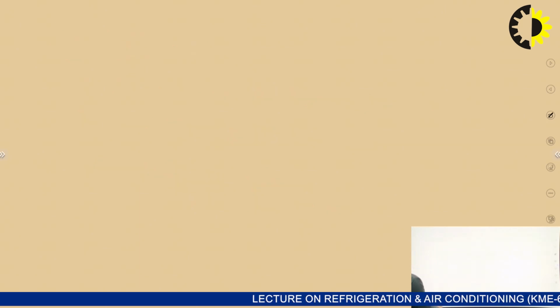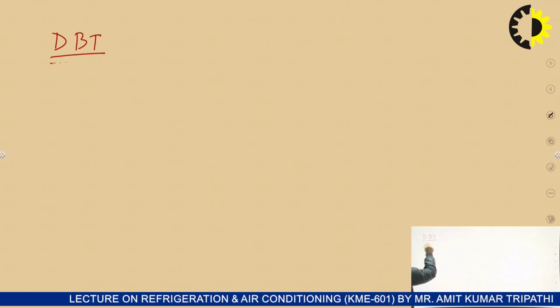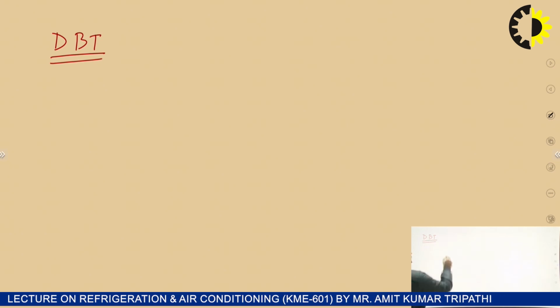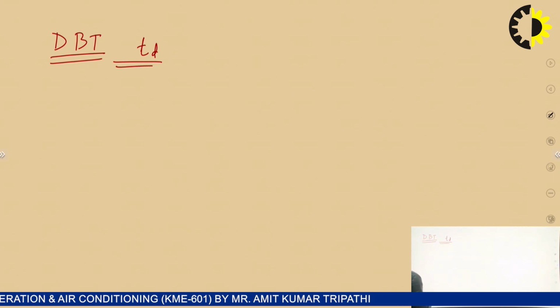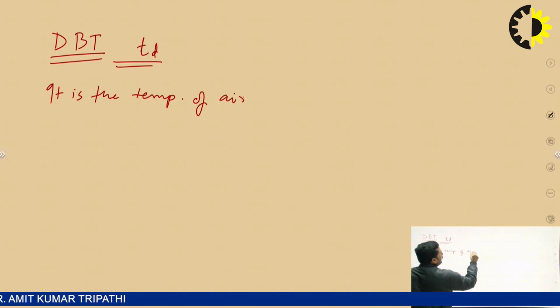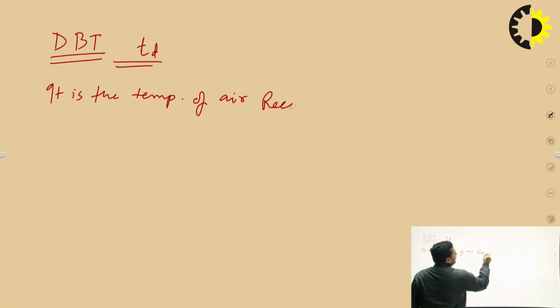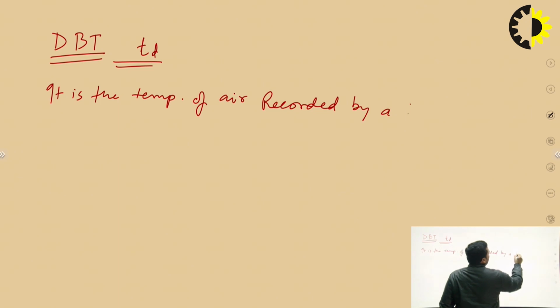Another psychrometric term is dry bulb temperature, in short DBT, or simply Tb.